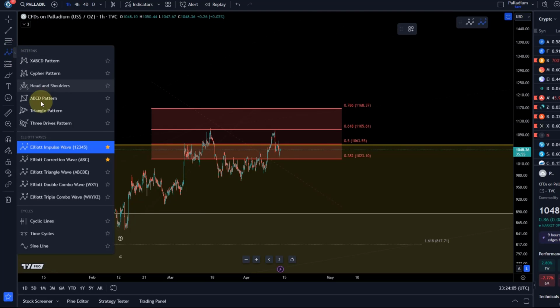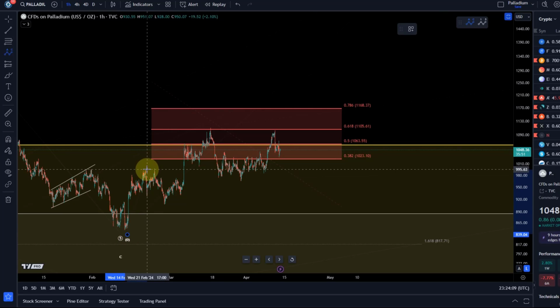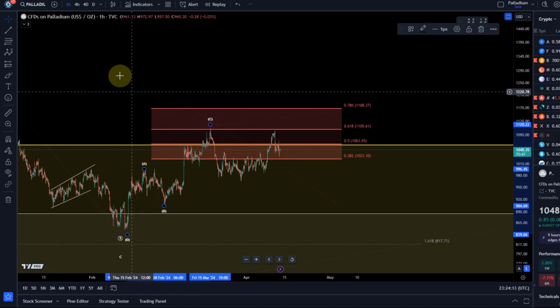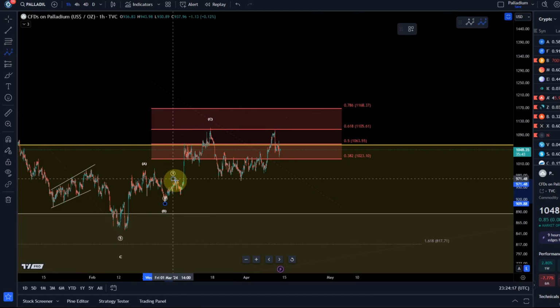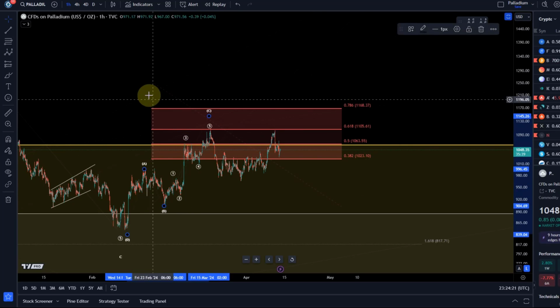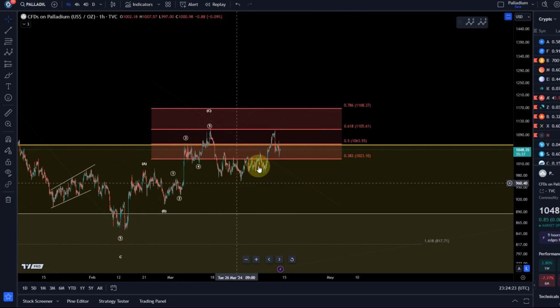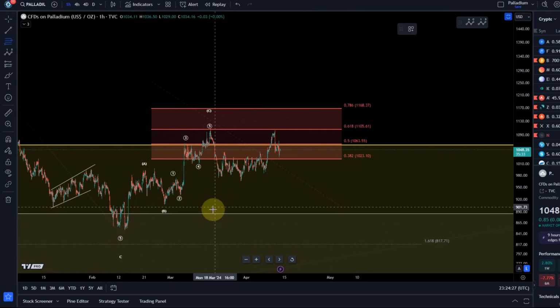My interpretation is that this rally looks like a 3-wave move: this was an A wave, this was a B wave, and this was a C wave. Under normal circumstances, we would say this might still be bearish. But because we're dealing with a larger diagonal, we just have to work with support.